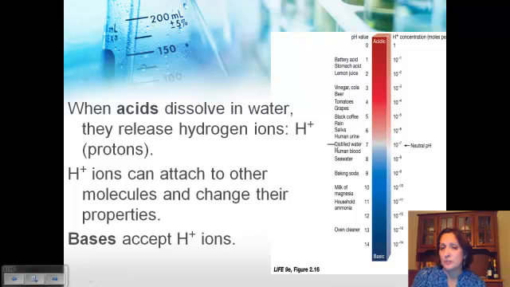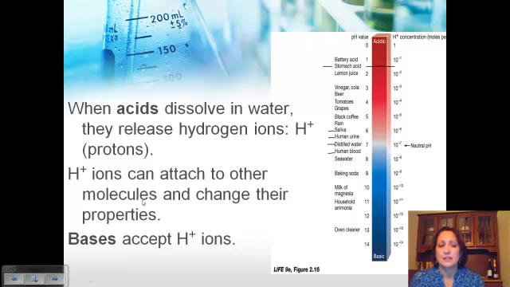If we start with distilled water at 7, neutral, our blood is slightly basic, our urine is slightly acidic, our saliva just a little more acidic than that, and our stomach acid very, very acidic, like a 1.5. So we don't want our stomach to become basic, because the enzymes that work in our stomach only work at low pHs and they would not function properly.